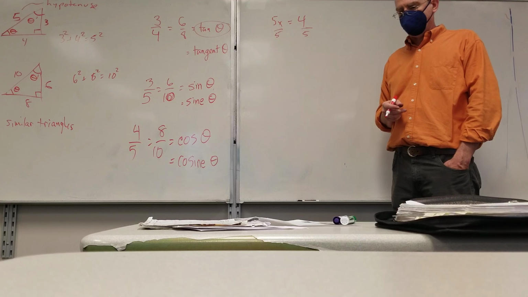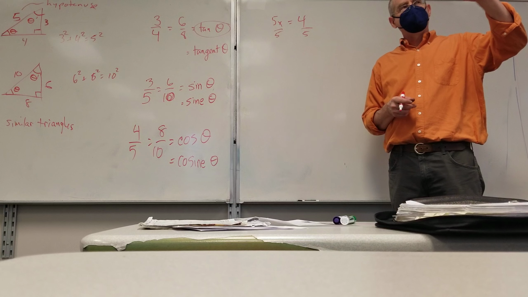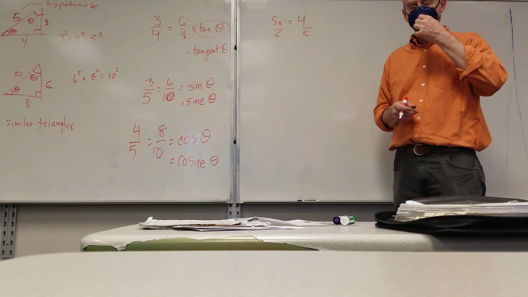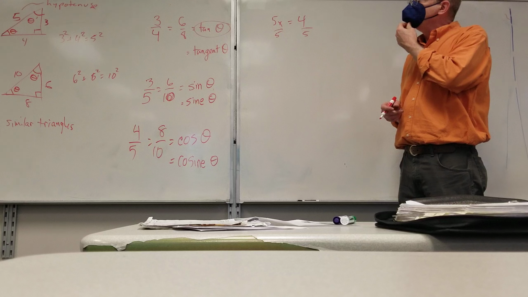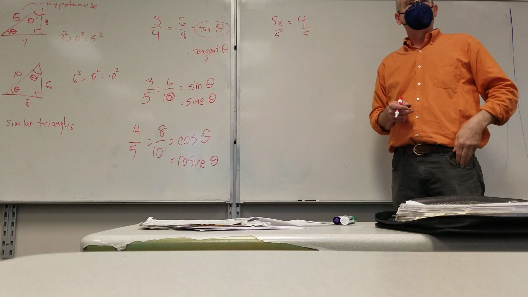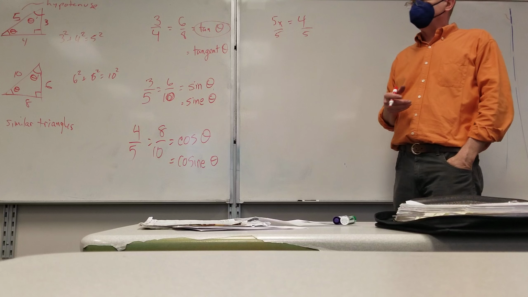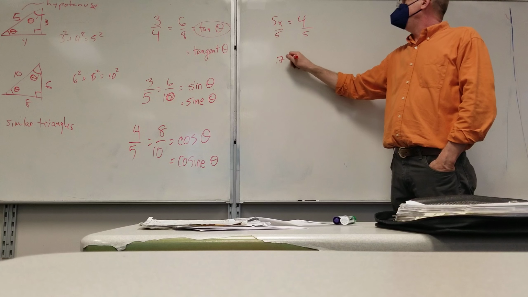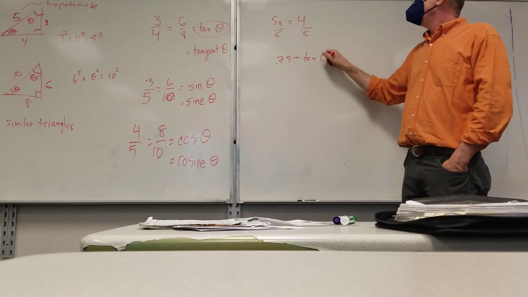The trouble I have with that term is that inverse sometimes also means the reciprocal. That would be the multiplicative inverse. Additive inverse, it would be the negative. The trig inverse is a little bit different. So we have 0.75 is equal to the tangent of theta.